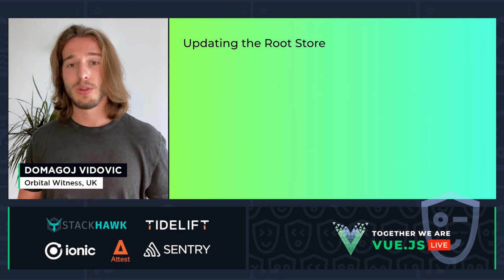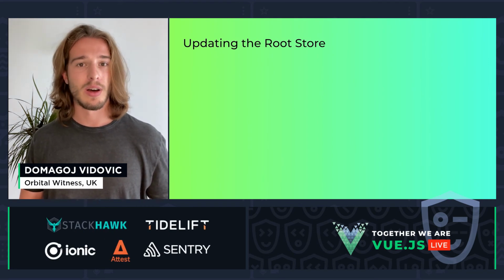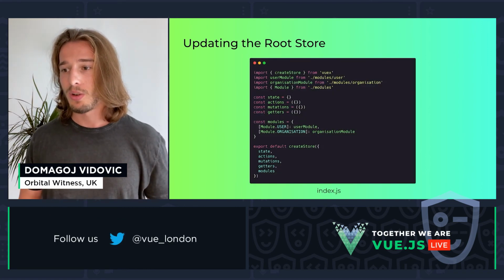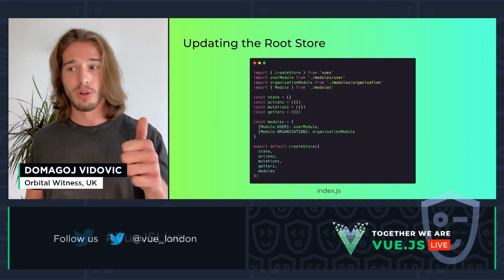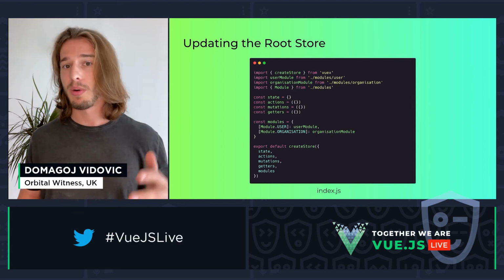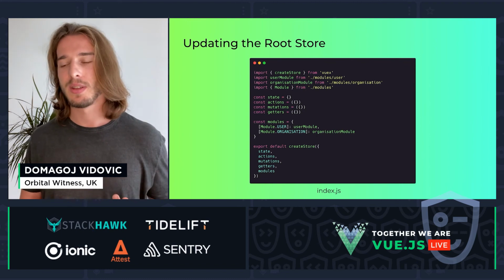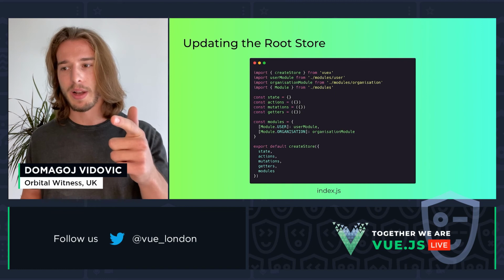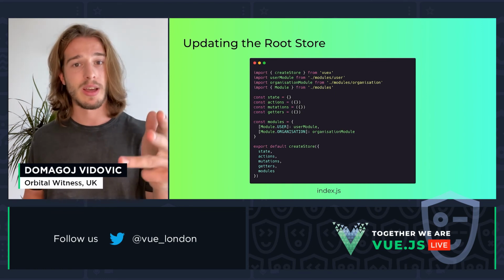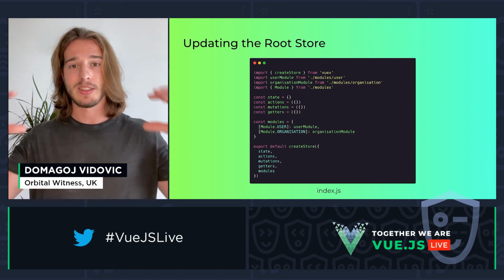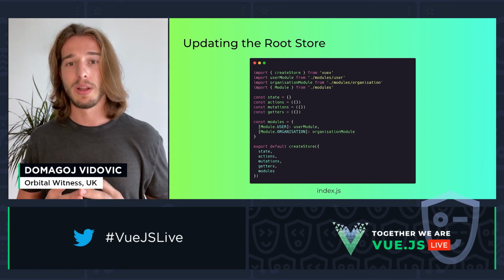What we need to do now is update our root store. To do so, we need to import the user module, import the organization module, and import our module object with all the names. Then we're going to declare global state, global actions, global mutations, and global getters. Be careful with them, because they are accessible in the global namespace.